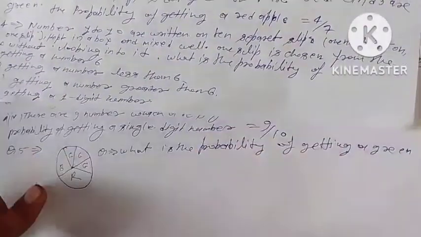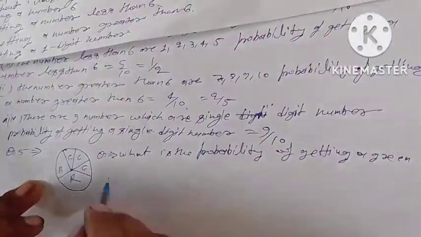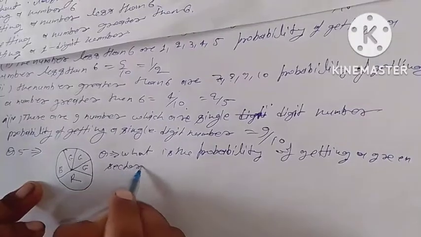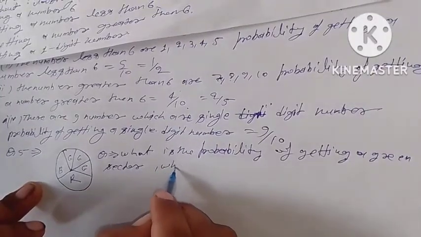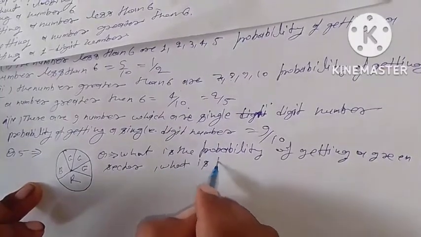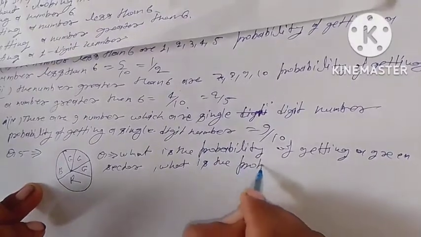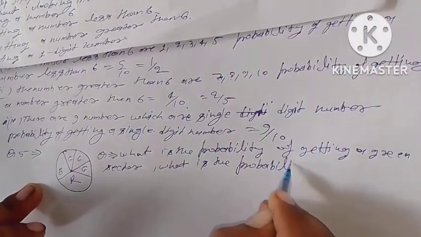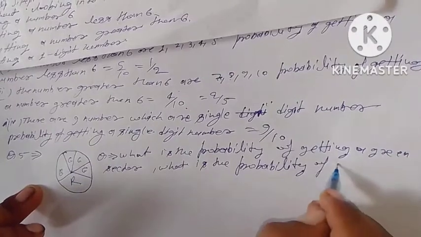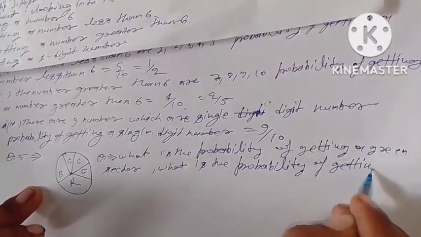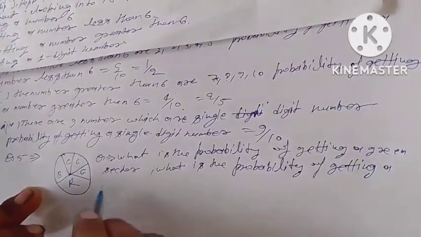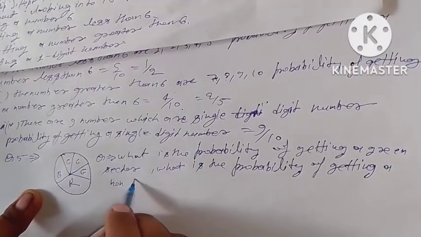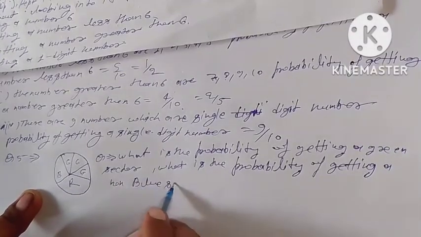What is the probability of getting a green sector? And what is the probability of getting a non-blue sector? Okay.